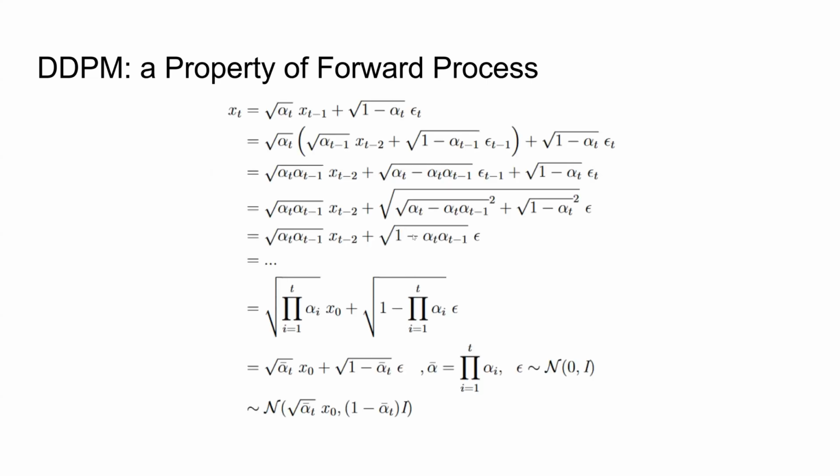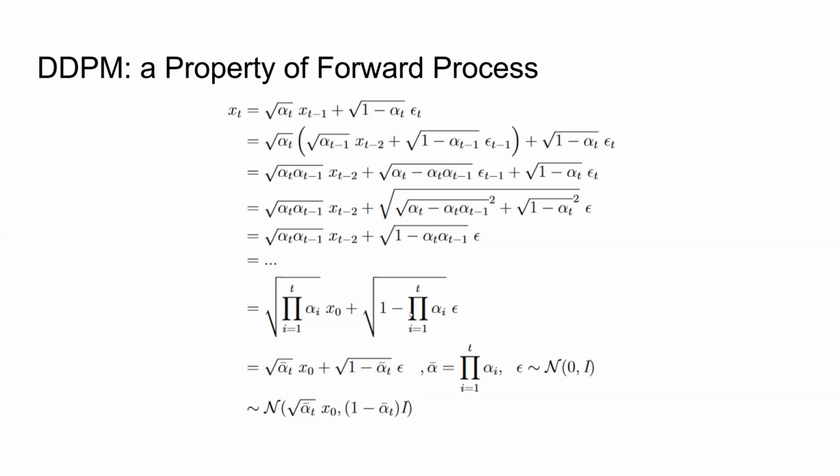By applying this reparameterization trick several times, we can arrive at this final line, which means that at any time xt after the forward process equals square root of alpha bar times x0, which is the input data, plus square root of 1 minus alpha bar times epsilon, which is a standard Gaussian noise.